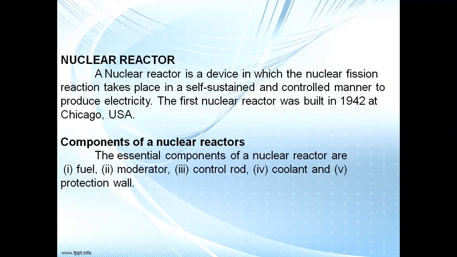So these are the types of nuclear reactors used worldwide. What are the components used in a nuclear reactor? They are fuel, moderator, control rod, coolant, and protection wall. First, fuel. A fissile material is used as the fuel. The commonly used fuel material is uranium.